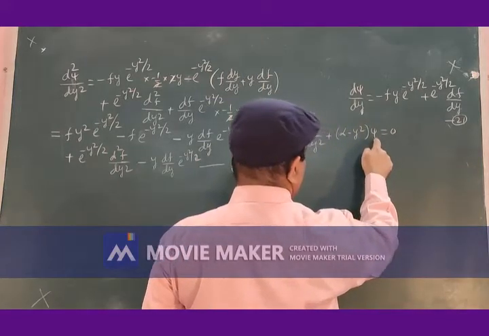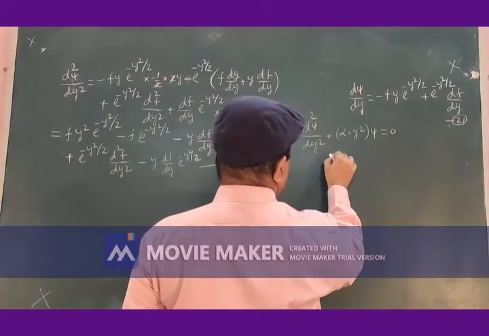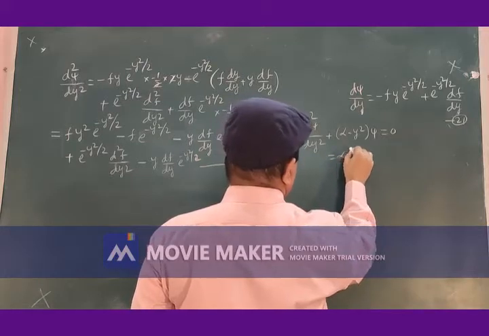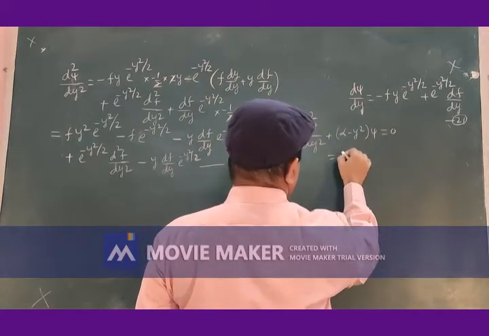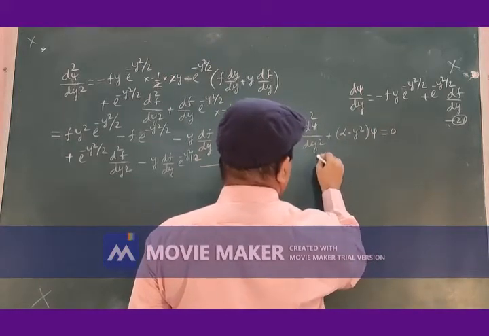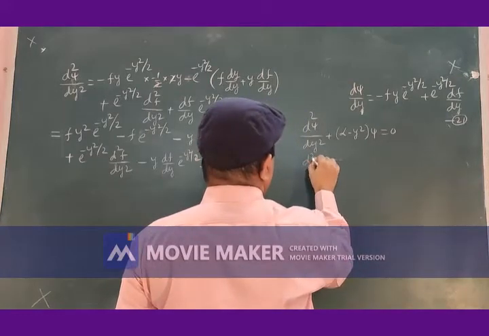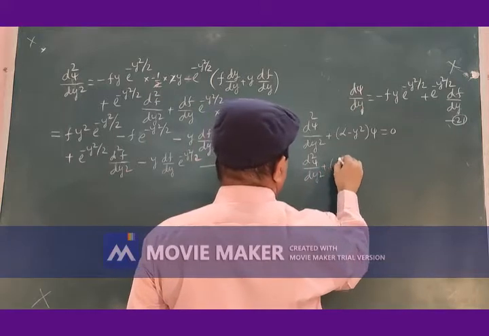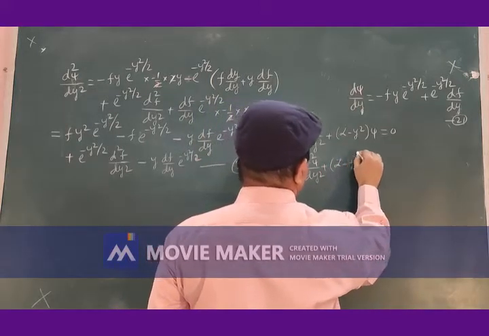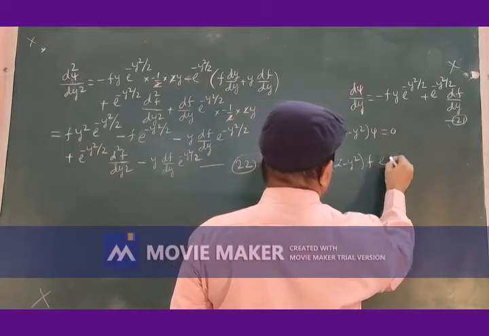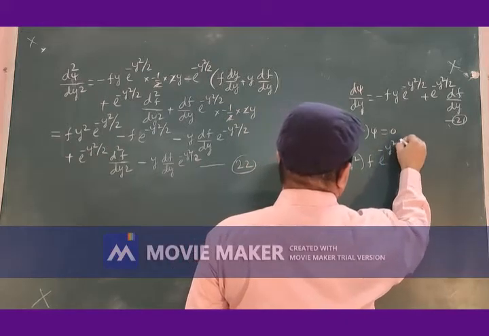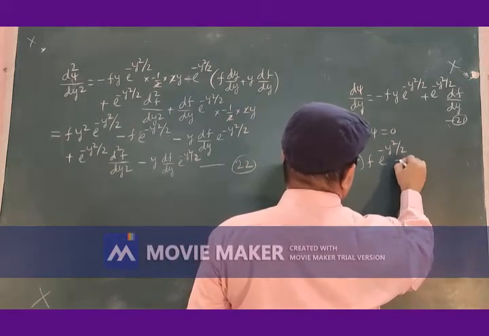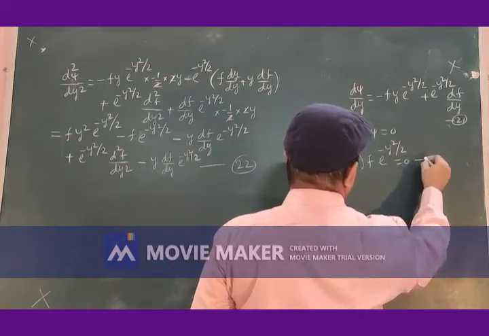What should we put for this psi? Alpha. d2 psi by dy square plus (alpha minus y square) into f e to the power minus y square divided by 2 is equal to 0.